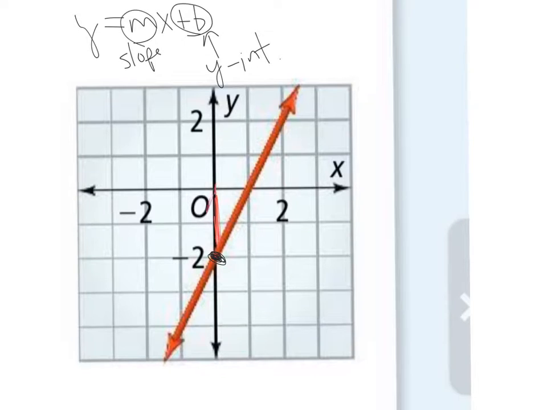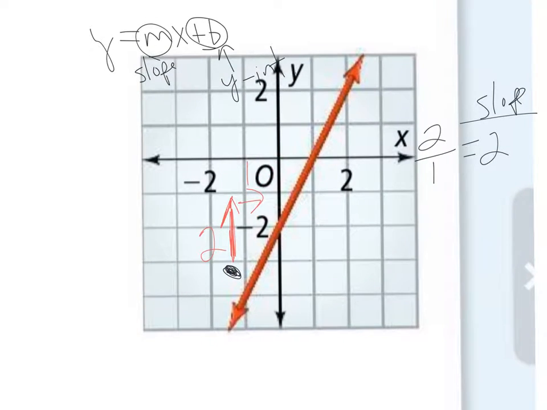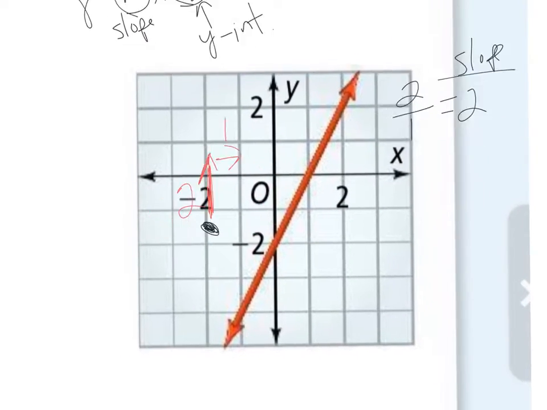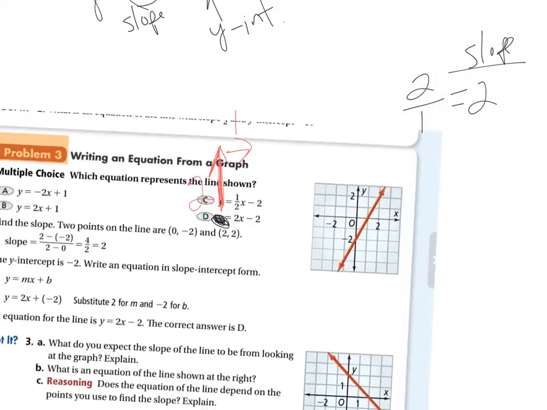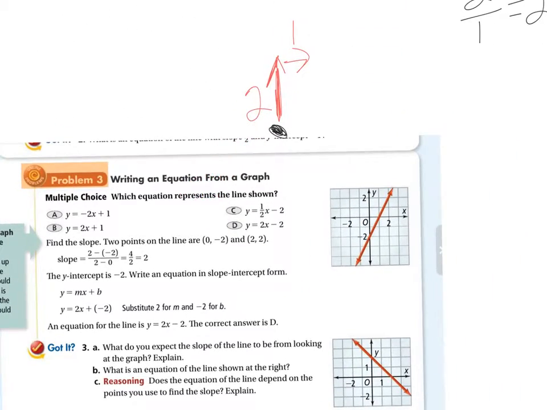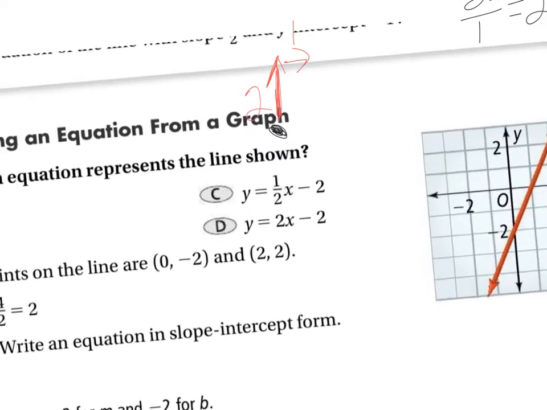So we can see we're going up 2 and over 1. So our slope would be 2 over 1, which is 2. Okay. So our slope is 2, and our y-intercept is -2. Slope is 2, y-intercept is -2, matches with choice D.